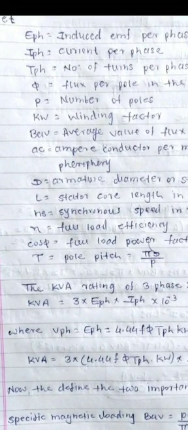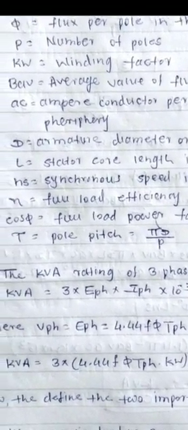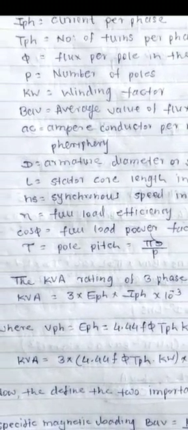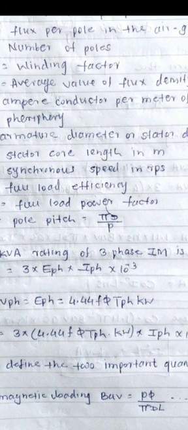First you should know that the kVA rating of a 3-phase induction motor is given by kVA equal to 3 into EPH into IPH into 10 raised to minus 3, where VPH is equal to EPH, equal to 4.44 F phi TPH KW.